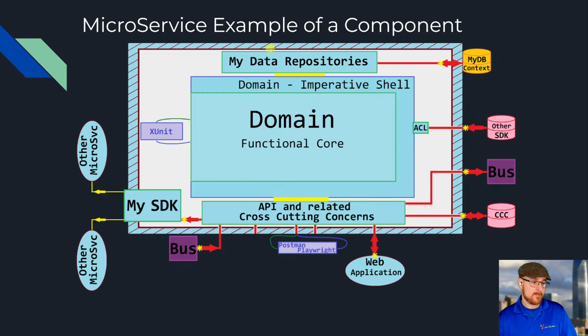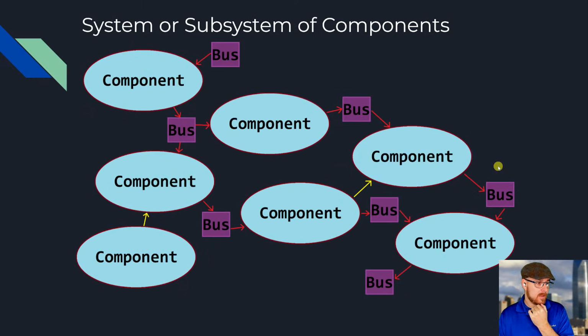And then we call it data repositories for the back boundary, and we call it a context for a database. So that's all just a renaming of those same core concepts as a microservice.